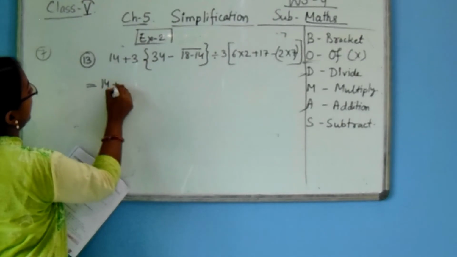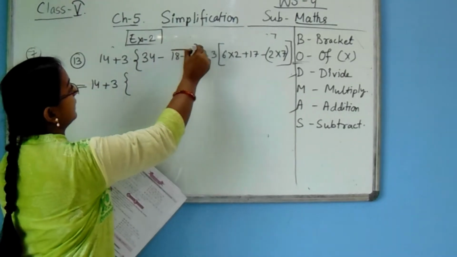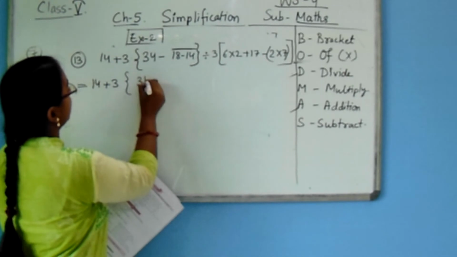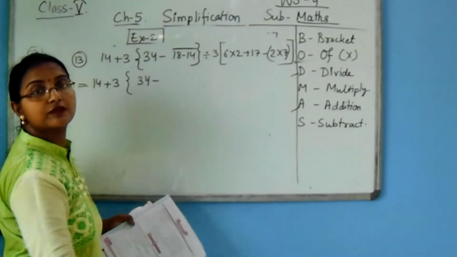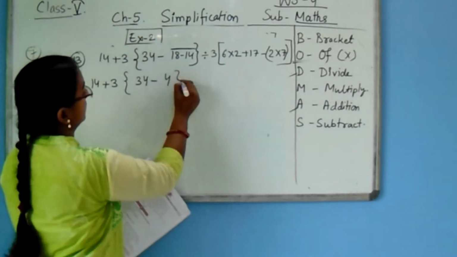Now we will do as here. First of all, we will do the process of 18 minus 14, that is overline, which is considered to be first. We will write 18 minus 14, and the answer is 4.